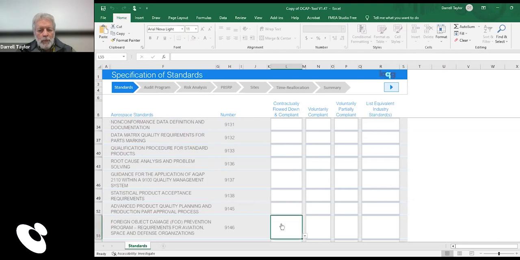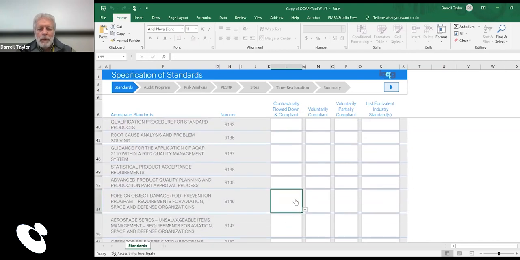If I look at 9146, which is foreign object damage, I looked at a company the other day, and although they probably would click off that, yes, they're compliant with 9146, they could have said no. They could come over in here and say, we are compliant to NAS 412, and we do not look at 9146.